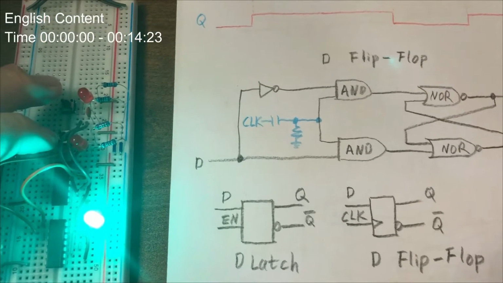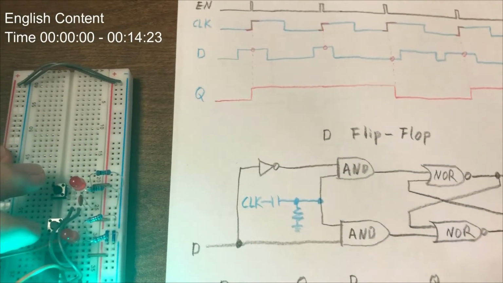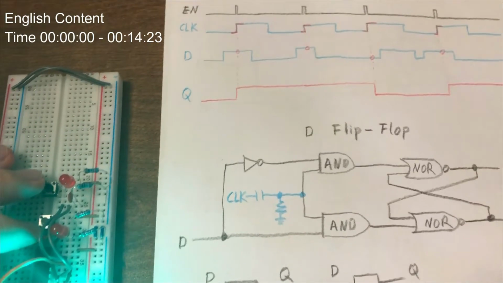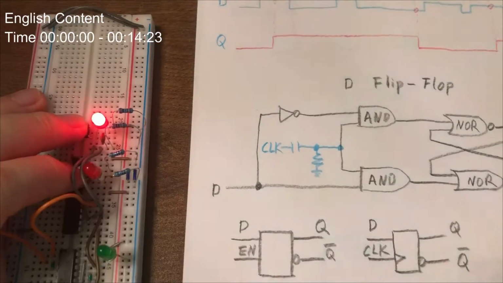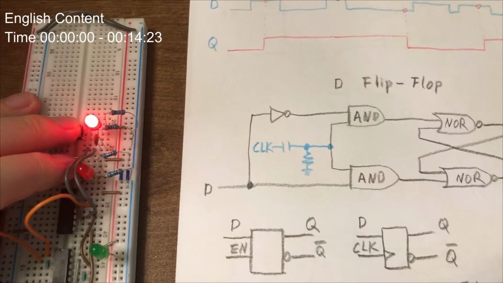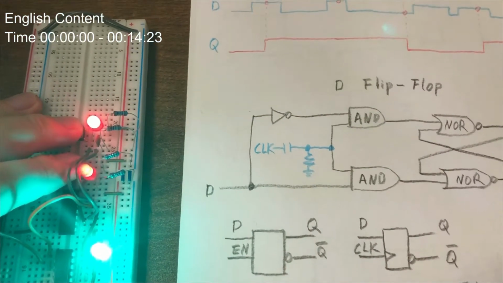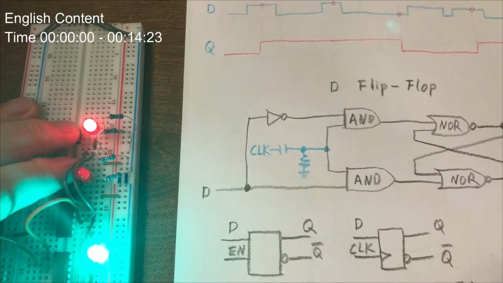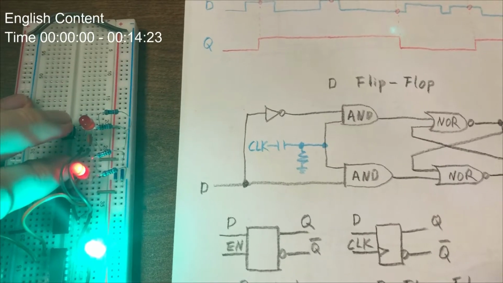When it was 0 in digital data, and the high spike occurs, and then whether we push it or not, it will not change.